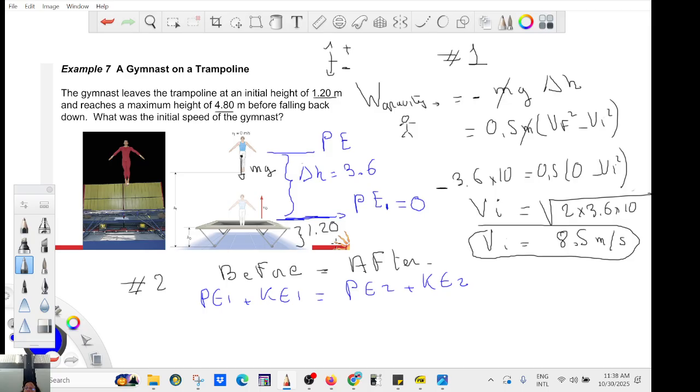I take it here, but you can take it there. If you take it there, then it has initial potential energy. So that will be 0 plus 0.5 m initial velocity squared, the kinetic energy before, equals the potential energy after, which is mg times delta h, plus kinetic energy after equals 0. And we get the same thing.